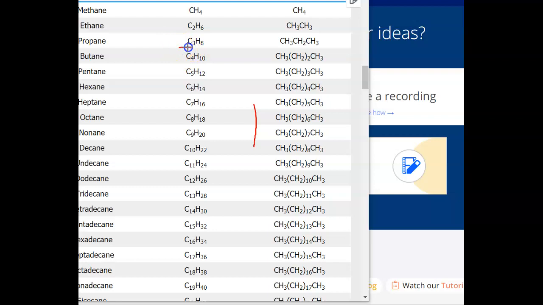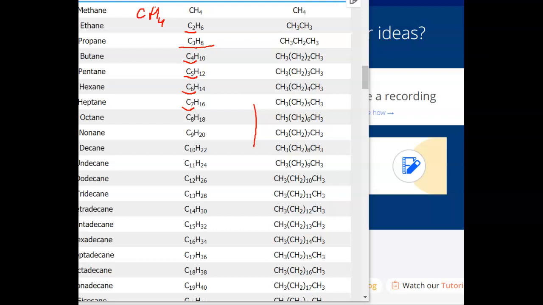So propane will have 3 atoms of carbon in its molecule. Let's say methane is CH4, 1 carbon. Ethane, 2 carbons. Propane, 3. Butane, 4 carbons. Pentane, 5. Hexane, 6 carbons. Heptane, 7. And you already know these prefixes like hepta, penta, octa. We already met them when we trained to name covalent compounds. I will put this information in your learning module.